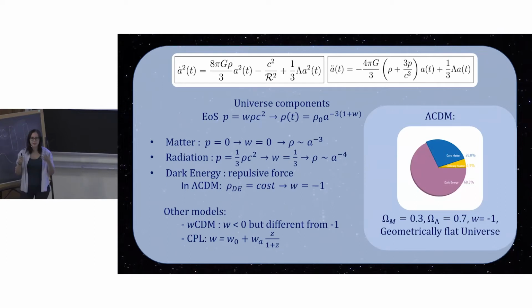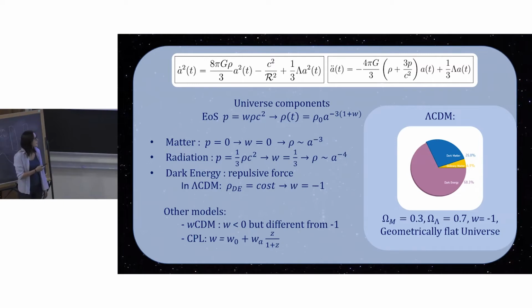So a bit more about this standard cosmological model. It's called lambda CDM because we account for this lambda, so this dark energy, and we have dark matter, and this dark matter is cold. So we have matter which is not baryonic, and it is not relativistic. Given this picture of the universe in this model, we can describe the presence of matter and dark energy with these density parameters. But the important thing to know is that matter is around 30% of the universe, and dark energy accounts for the other 70%.